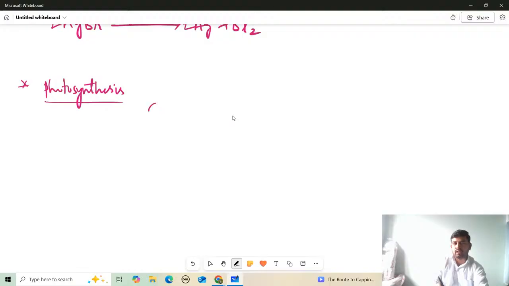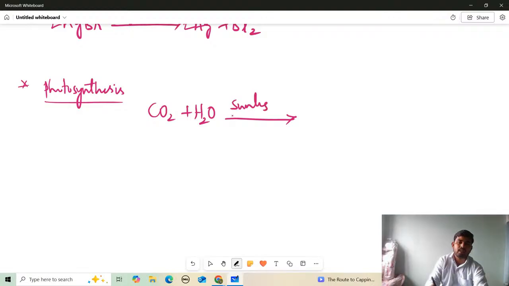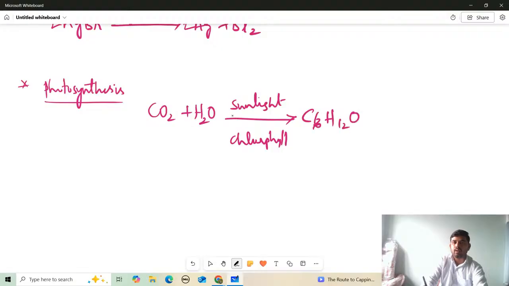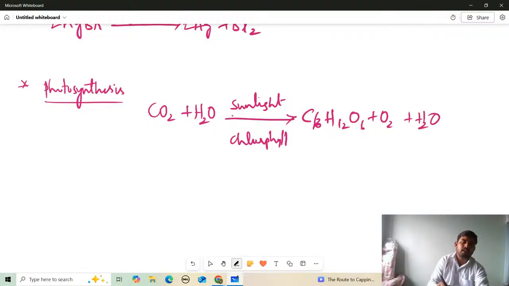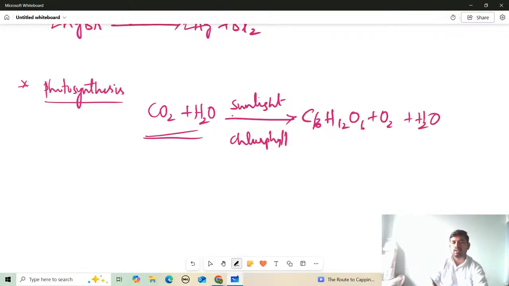There is carbon dioxide and water, and these two combine in the presence of sunlight, meaning light energy, in the chlorophyll. What happens? C6H12O6 plus O2 will form. Is this kind of reaction a decomposition reaction or not? The answer is no, not decomposition.